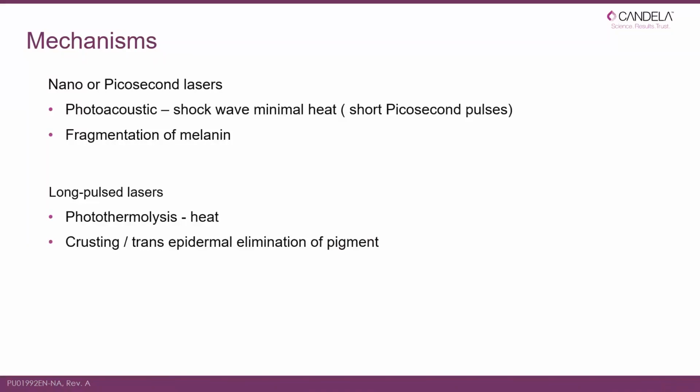And the amount of heat produced reduces when these picosecond pulses in particular become shorter. And what we're doing here is using this acoustic shock wave to break up the melanin in the tissue, and therefore it can either be shed or it can be reabsorbed by the phagocytes.